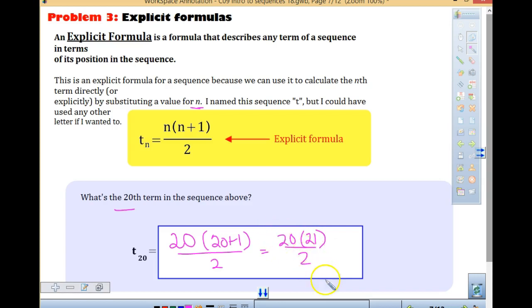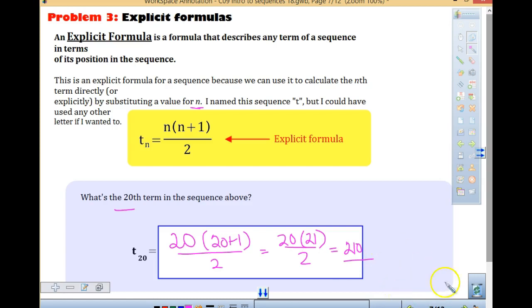Now, 2 goes into 20 how many times? 10. So 10 times 21 is going to give us 210, right? Could you simplify before you multiply this out? Sure, if you wanted to. So 10 times 21, our answer is 210. Okay.